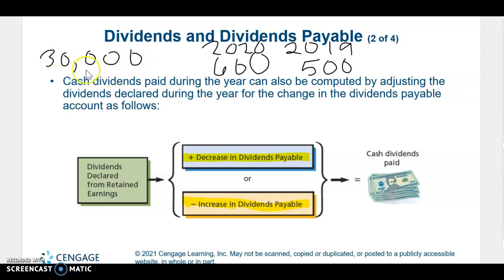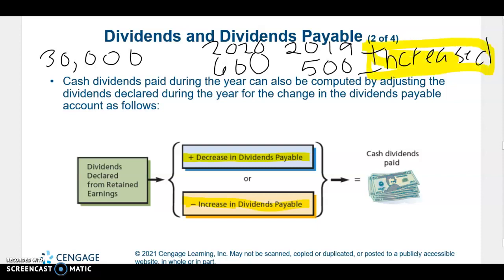So let's say that we declared $30,000, but let's say our dividends payable went from $500 up to $600. If that was the case, we didn't pay everything we owed, did we? What did dividends payable do from 2019 to 2020? Did it increase or did it decrease? It increased.